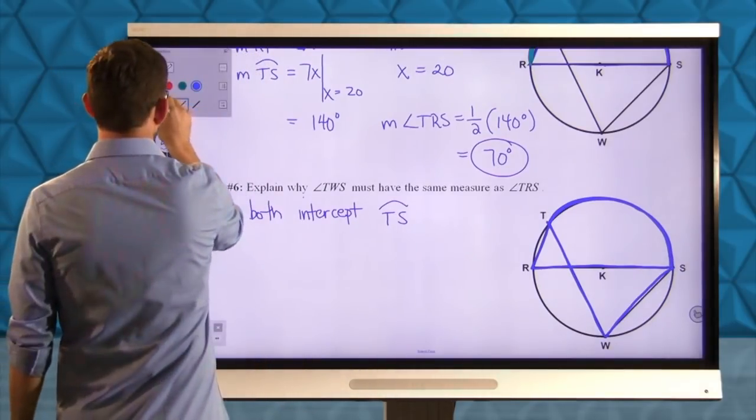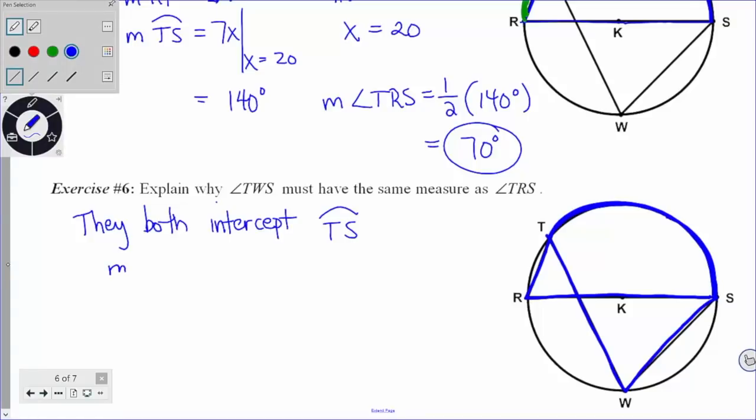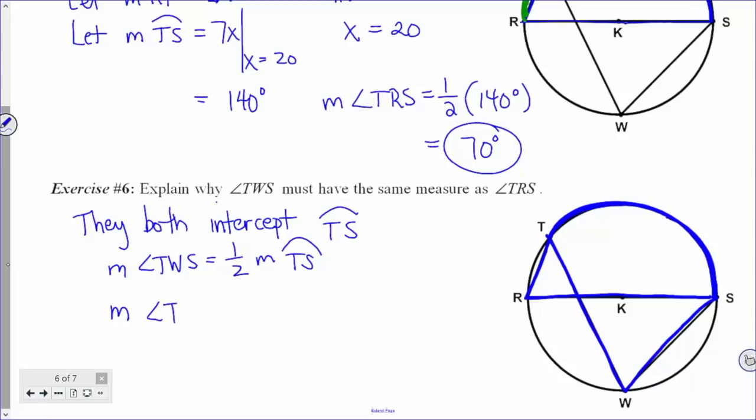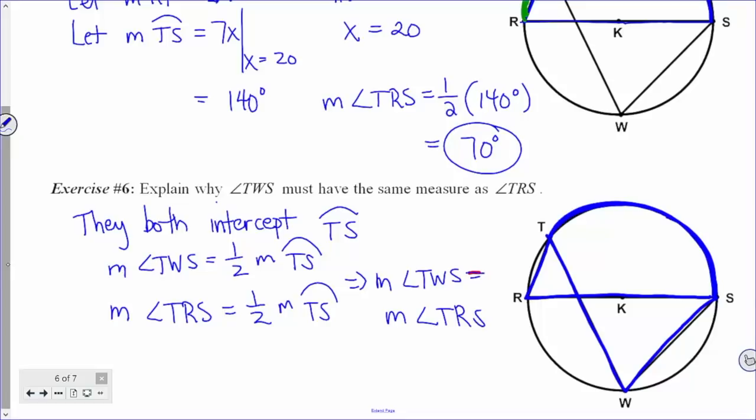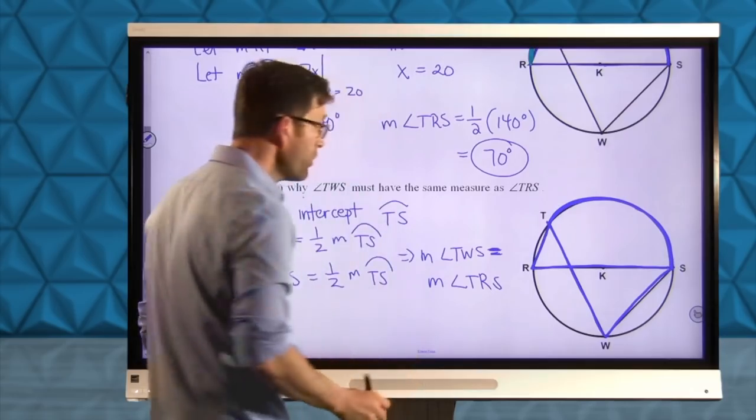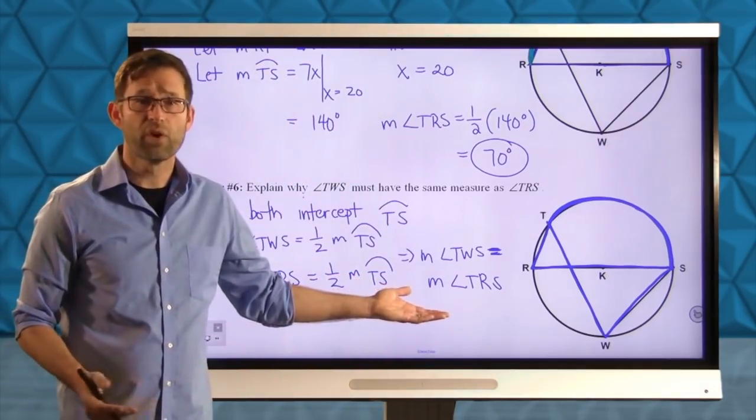I could say, well, right, therefore the measure of angle TWS equals 1/2 the measure of arc TS, and the measure of angle TRS is 1/2 the measure of TS, and therefore the measure of angle TWS equals the measure of angle TRS. And that would really be the substitution axiom of equality.